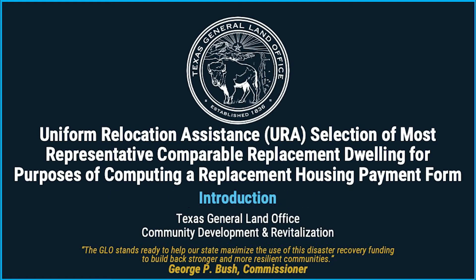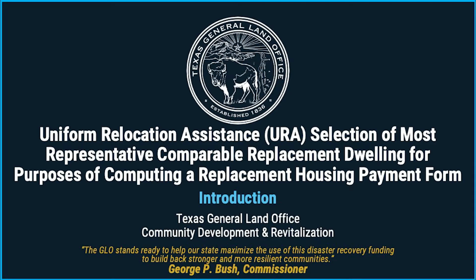A hyperlink to HUD's URA Selection of Most Representative Comparable Replacement Dwelling form can be found on the Texas General Land Office website at recovery.texas.gov. To locate the document, go to the Local Buyout and Acquisition Program page, which is linked in the description section of this video.